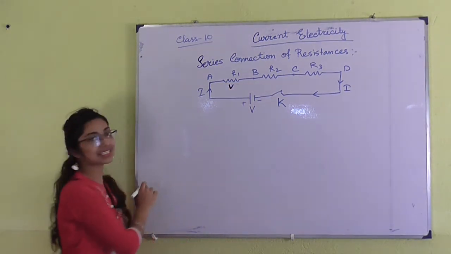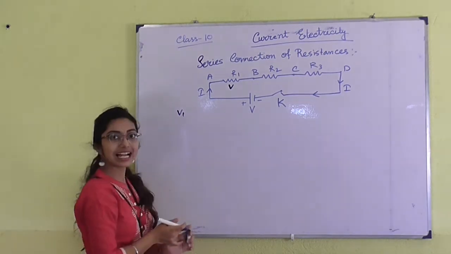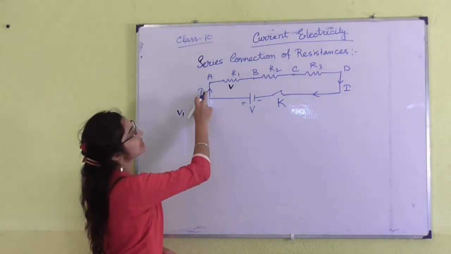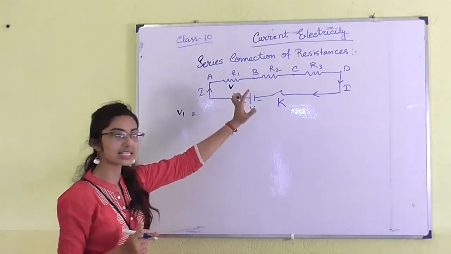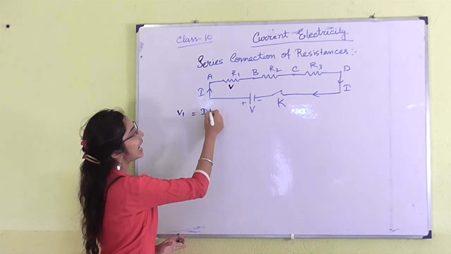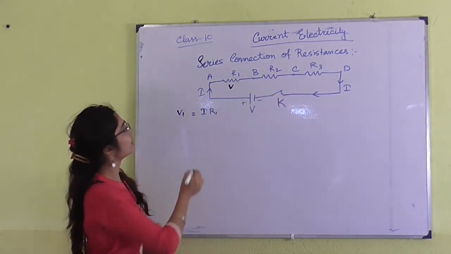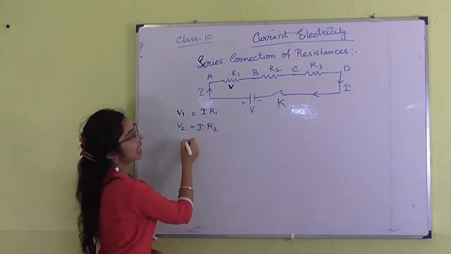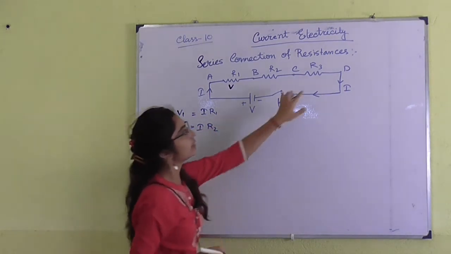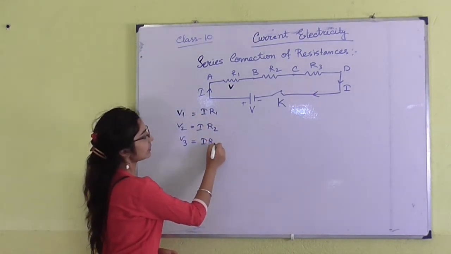V1 is IR1, because according to Ohm's law, voltage is equal to current into resistance. In the second part BC, the voltage drop is V2 and the current is the same, so IR2. In the third part CD, the voltage drop will be I into R3.